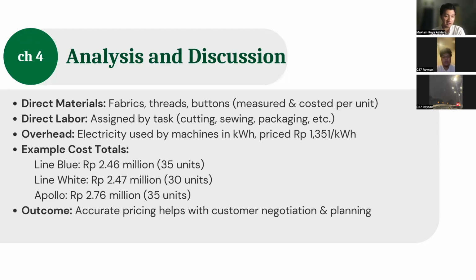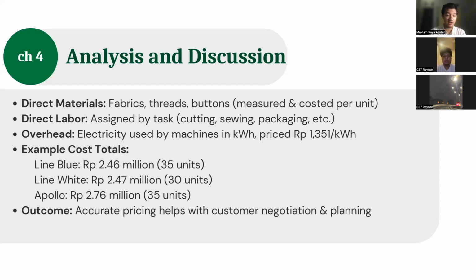After that, we consider the direct labor, which is assigned by task, not by the duration of working, as we got the insight from both companies. And then the overhead, which focuses on electricity, with a tariff of around 1,351 rupiah per kWh.